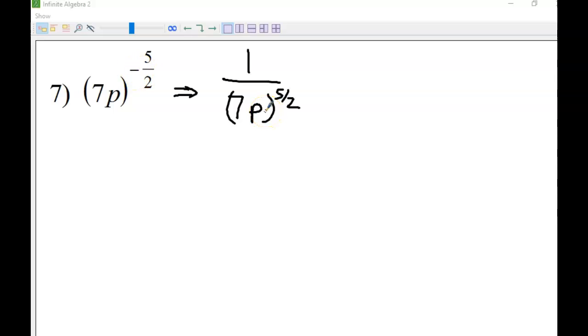So that's what negative exponents do. They don't change the sign of the number or anything. All they do is, you want to make the exponent positive by moving it to the bottom of the fraction. After that, you just do what we did on the last slide. So it's going to be the square root of 7p to the 5th power, and that's it.